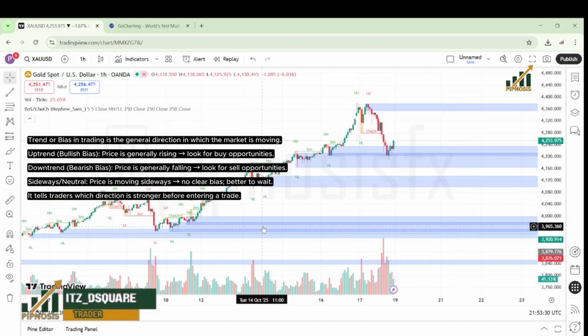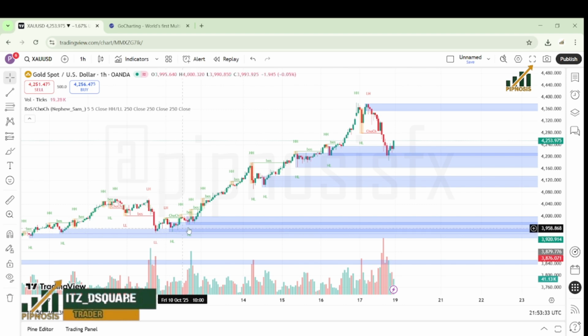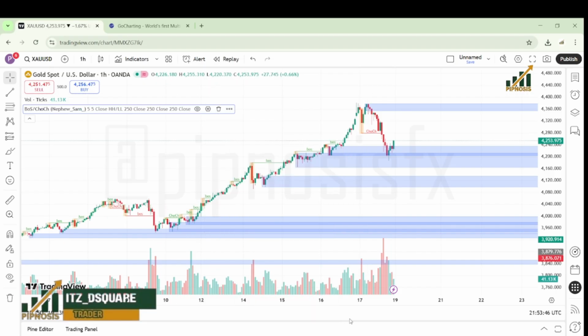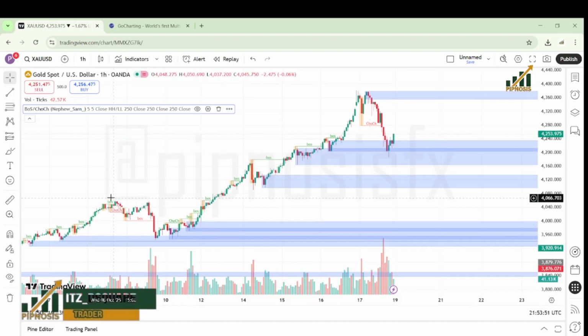So now I know this is a higher high, this is a higher low. Let me take out this one so that you guys will understand what I'm explaining. From here, you will notice this is a higher high, higher low, higher high, higher low, higher high, higher low, higher high, higher low, higher high. Then we have this higher low at this zone.